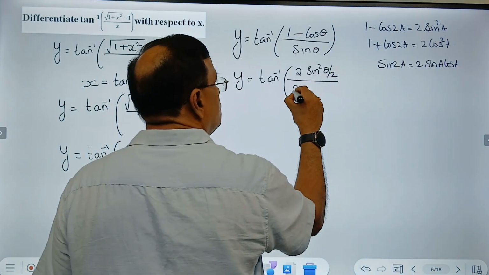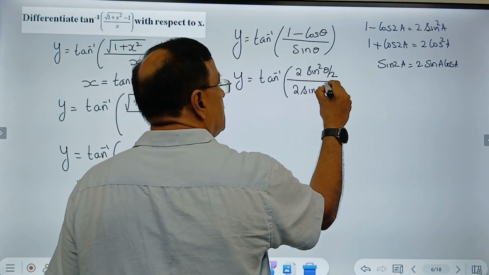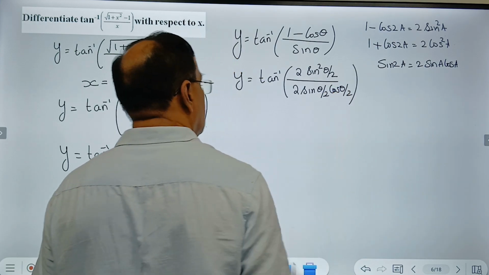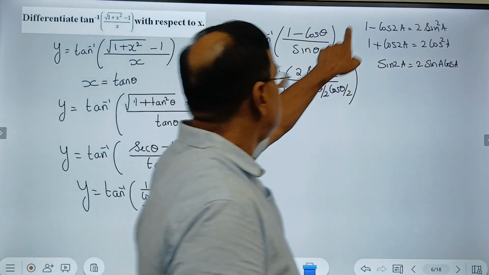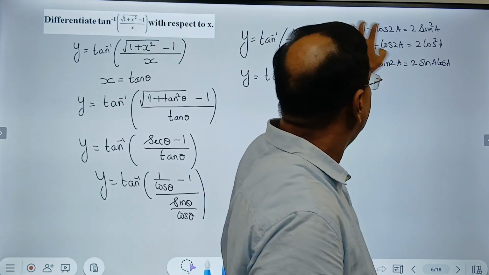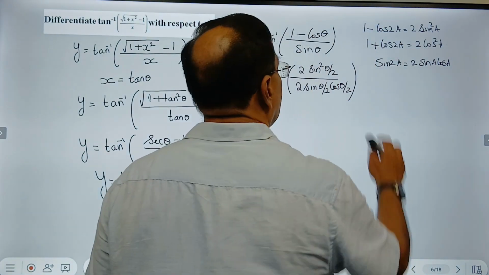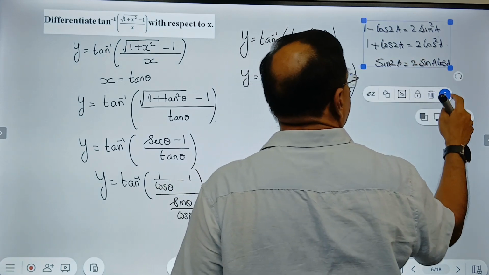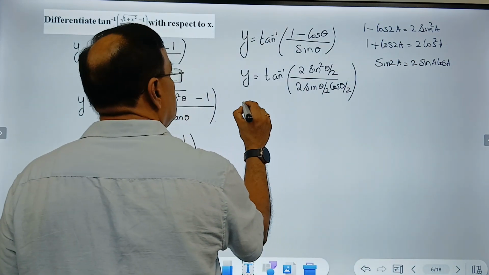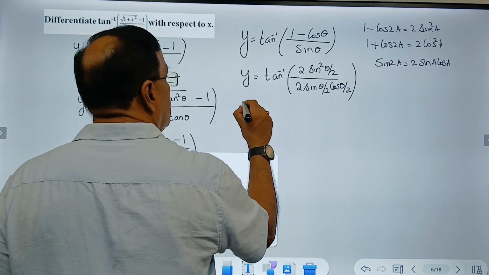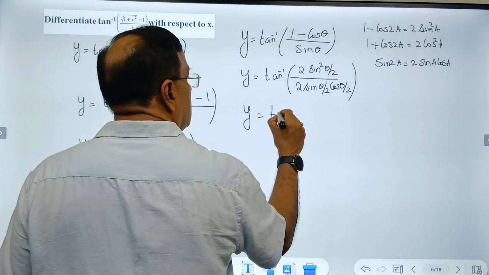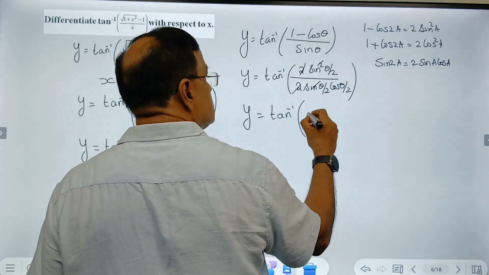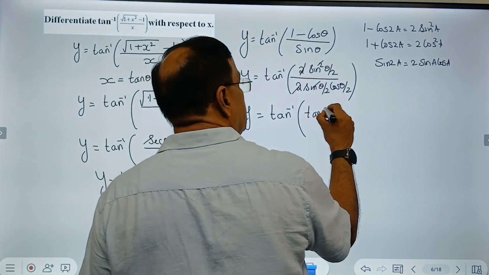So this will be 2 sine theta by 2 cos theta by 2. Let me just copy this and keep. I may need it. Okay. So this will be y equal to tan inverse of, 2 gets cancelled, sine gets cancelled. So I get tan theta by 2.